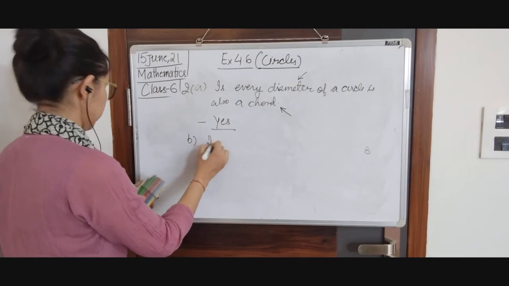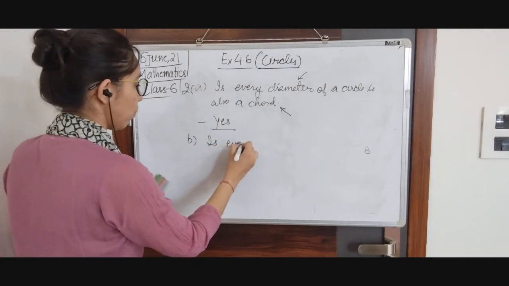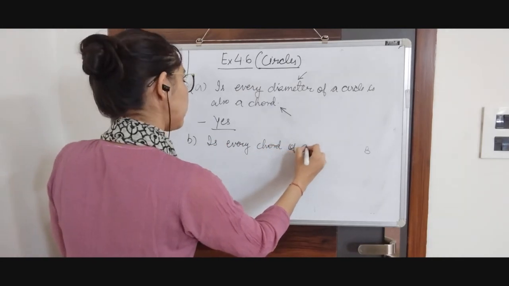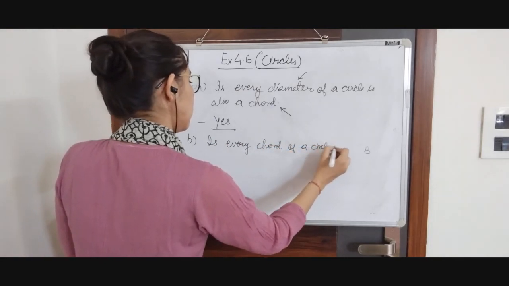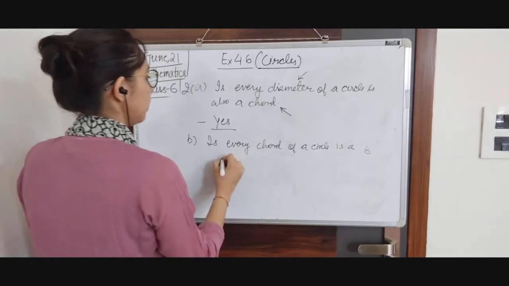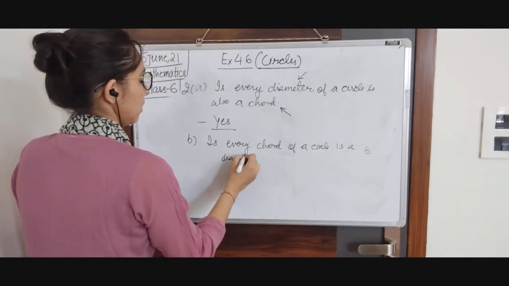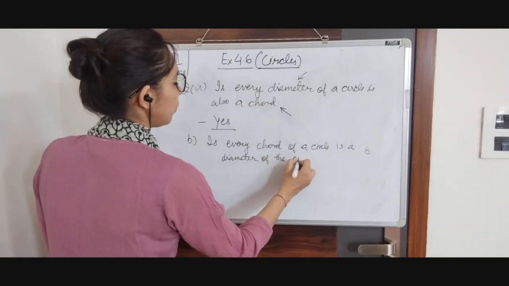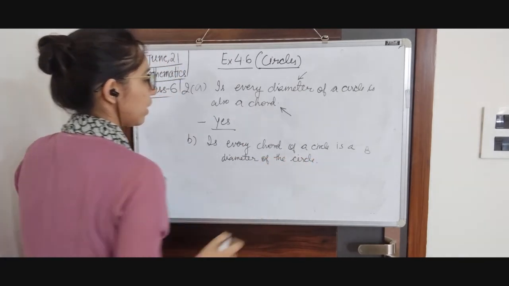Part B: is every chord a diameter of the circle? This is going to be no. Why?